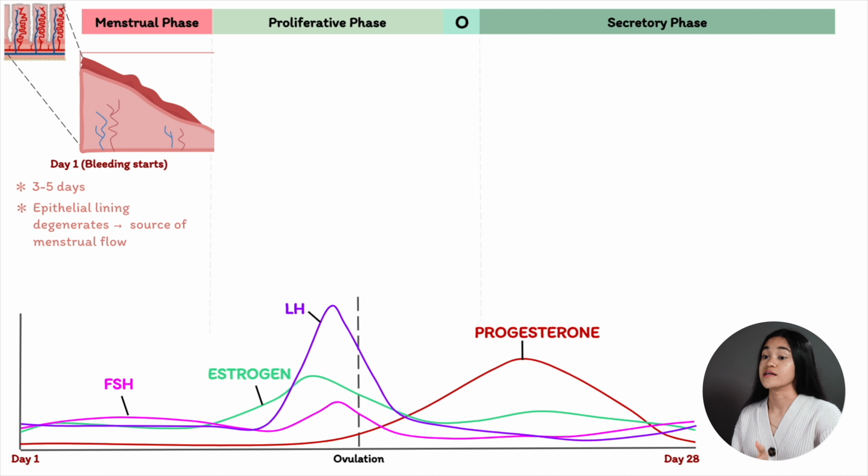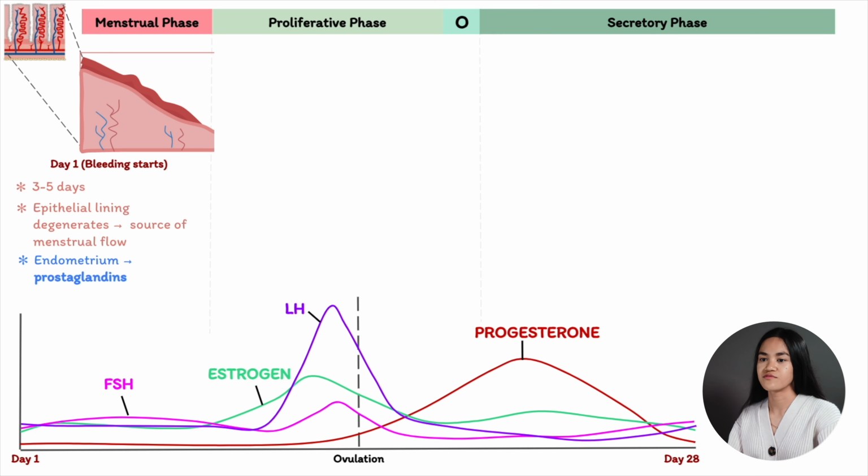And what happens when the endometrium is deprived of its hormonal support? The endometrium starts secreting prostaglandins when the concentration of progesterone and estrogen decreases. And this leads to the spiral arteries that supply the stratum functionalis and the uterine smooth muscle layer to start contracting.